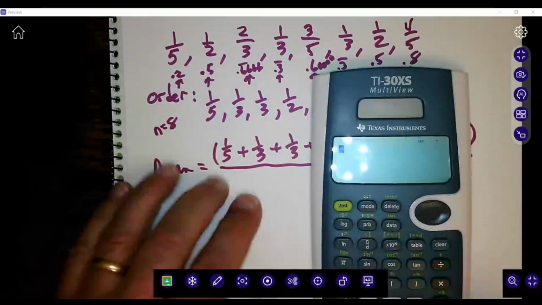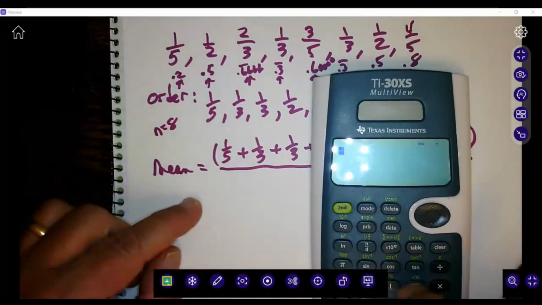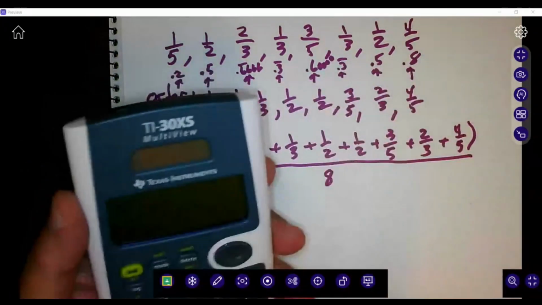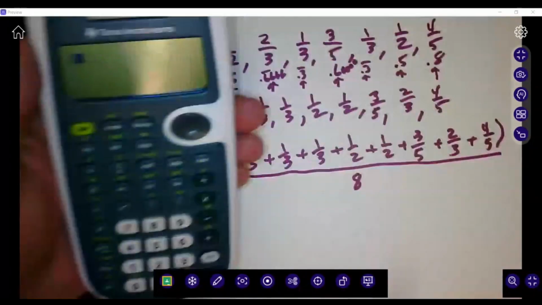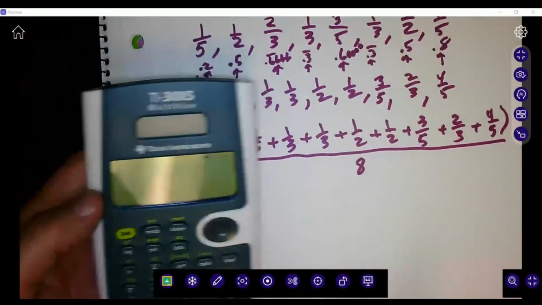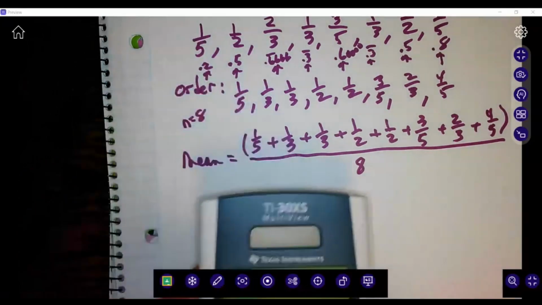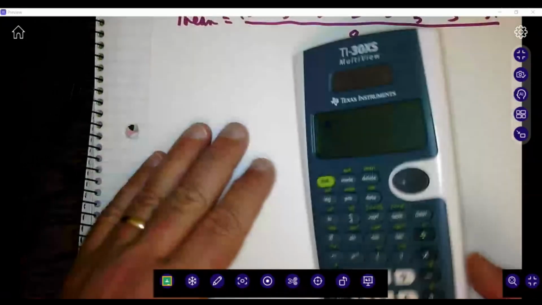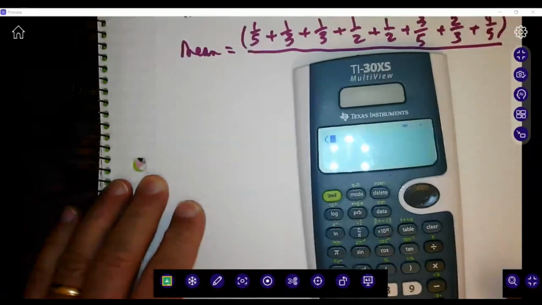So in my calculator, since I want to do the stuff on the top, add all that up first, I'm going to use a parentheses. This is where you can see what I'm doing. That's a little better there.